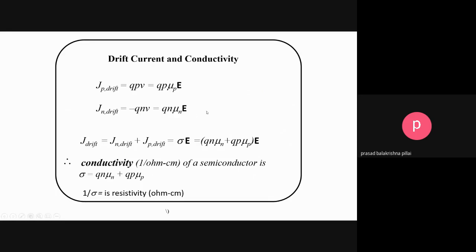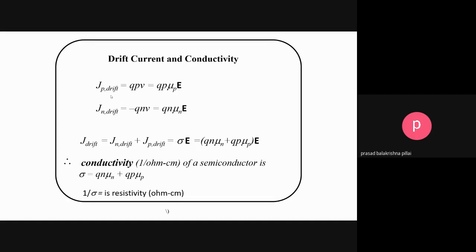Since this is the velocity, and the velocity is given by this product, that is how it is coming. So this is the whole drift motion or the drift current.